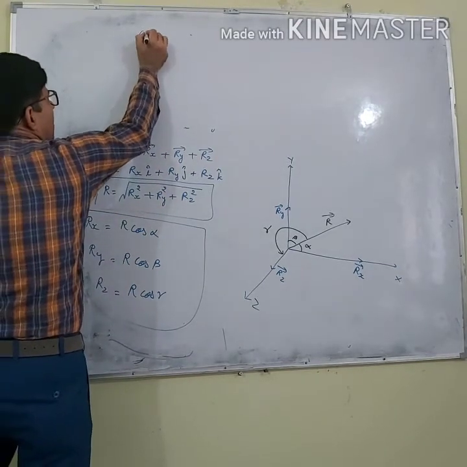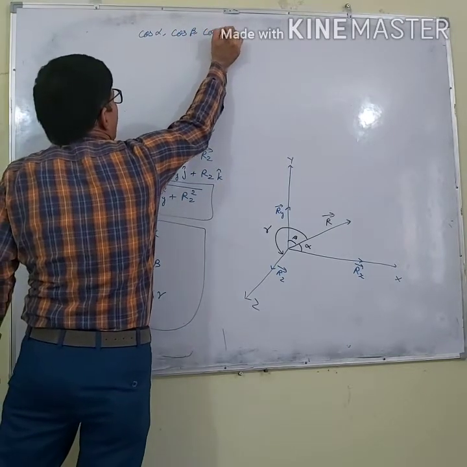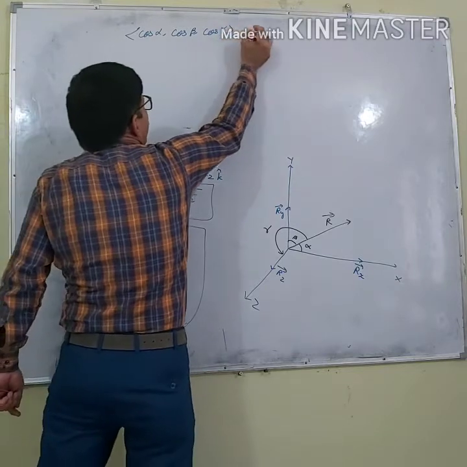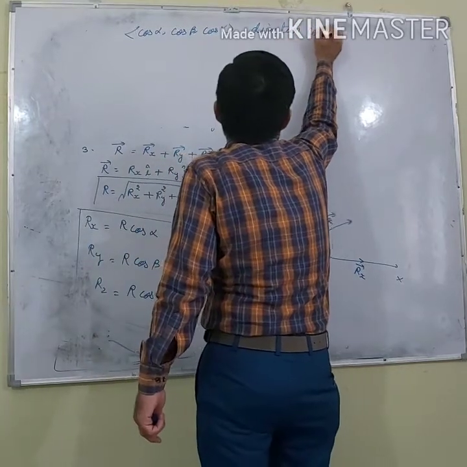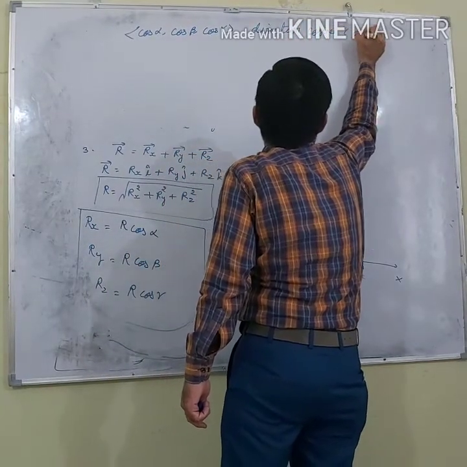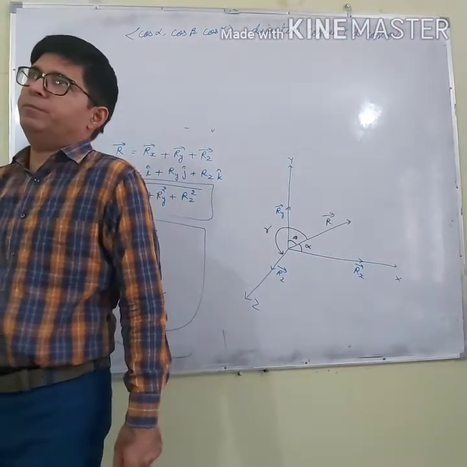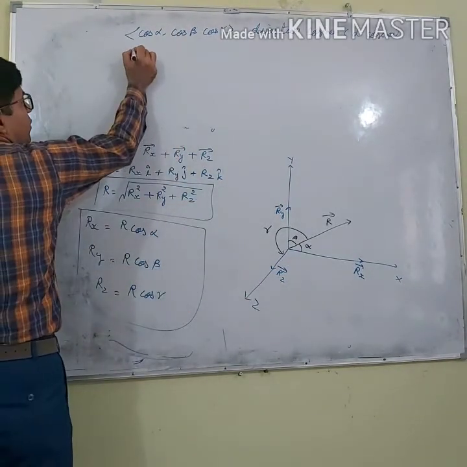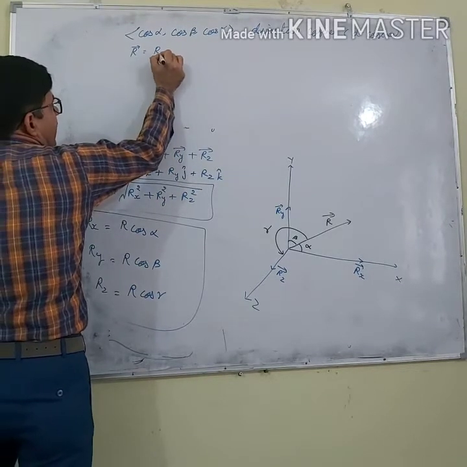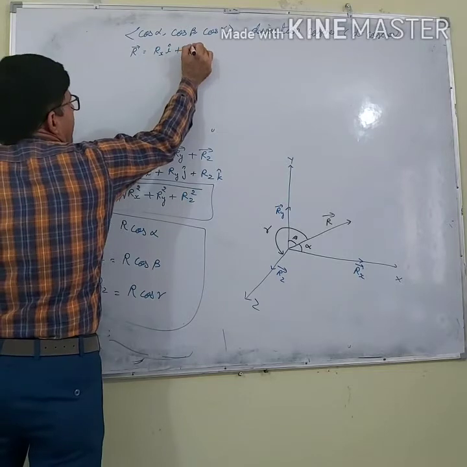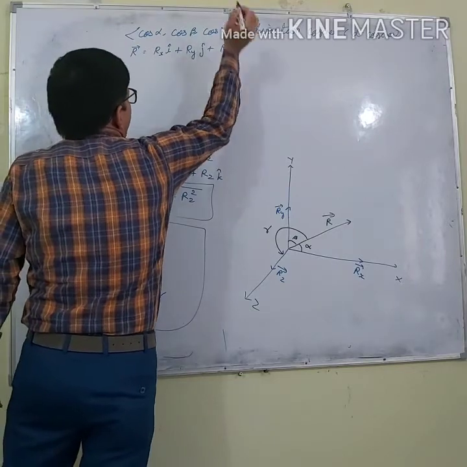Here cos alpha, cos beta, cos gamma are called direction cosines, or simply the direction cosines of a vector. Now I can write R equals Rx i cap, Ry j cap, Rz k cap.